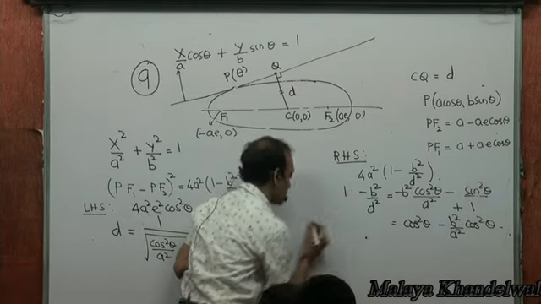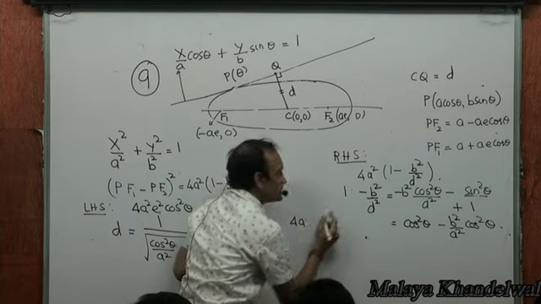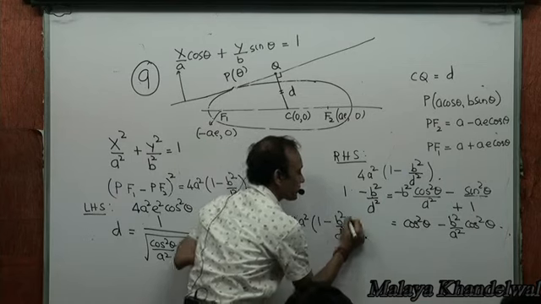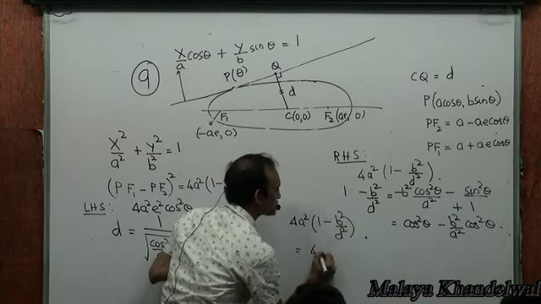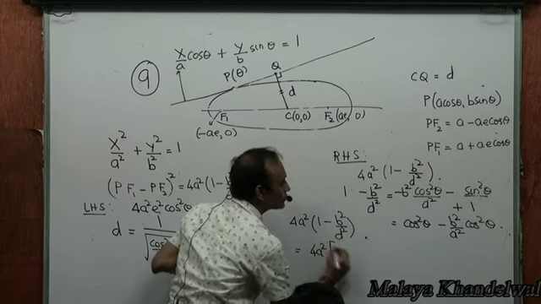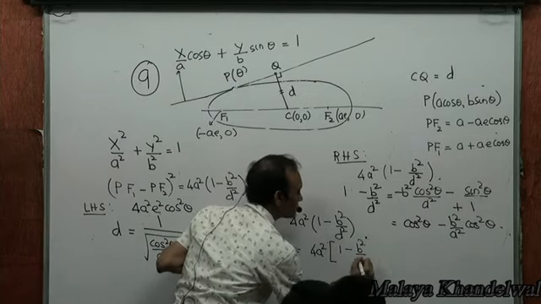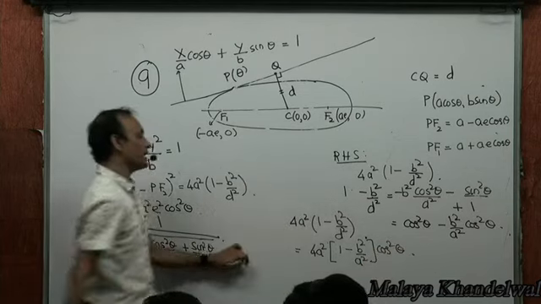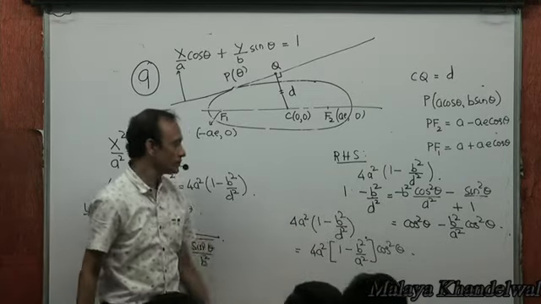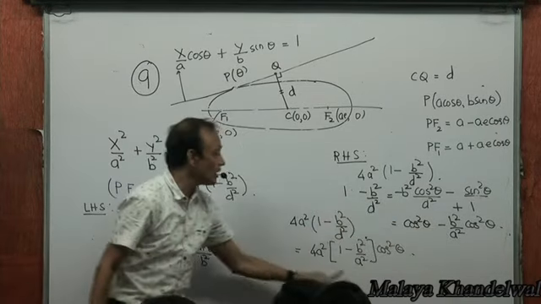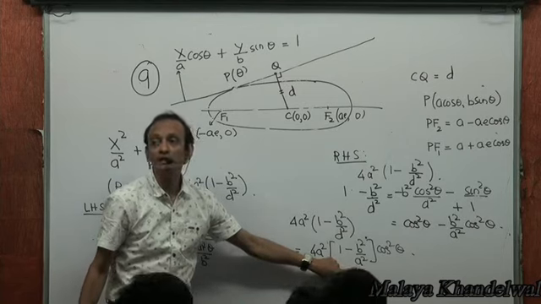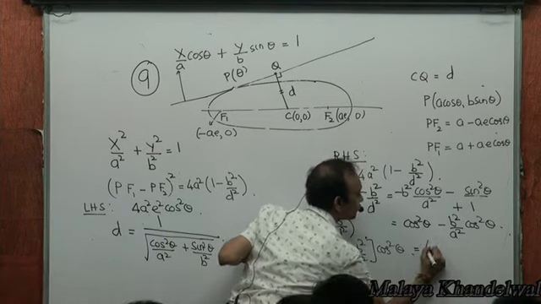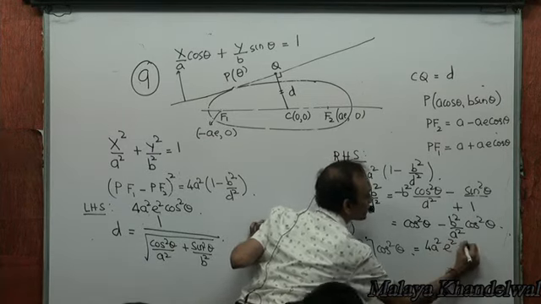Now I need 4a squared into this, so 4a squared into 1 minus b squared by d squared. That's simply going to be 4a squared into 1 minus b squared by a squared, cos square theta. Right? Multiplying both sides by 4a squared and taking cos square theta common from these two. But what is 1 minus b squared by a squared? e squared. So which is like 4a squared e squared cos square theta.